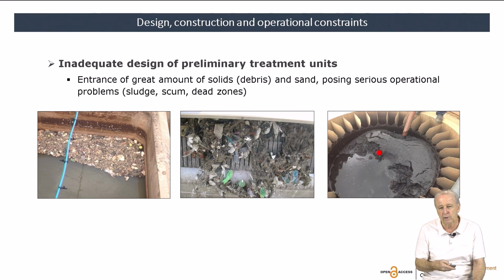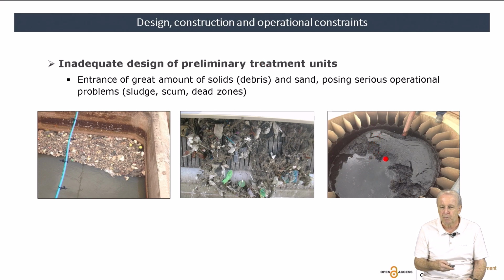And here we can see a lot of sand that is accumulated inside one feeding box on top of one USB reactor. And why is this sand here? It's here because it was not removed in the preliminary treatment unit. And why is that?